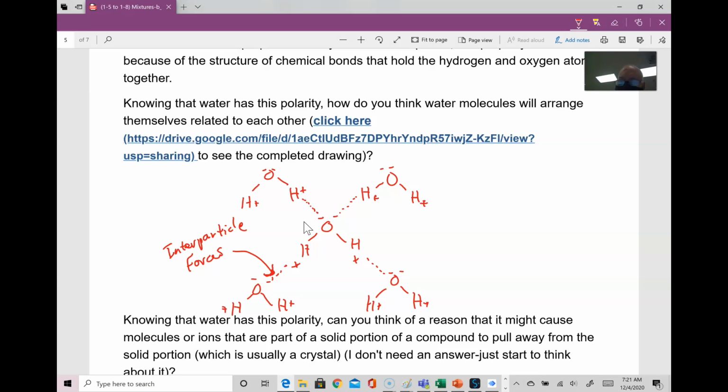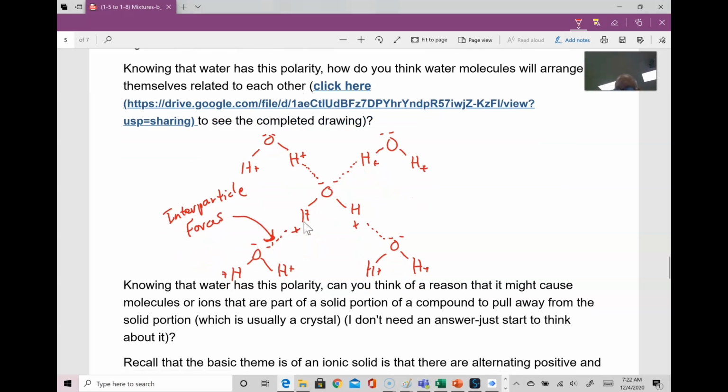But in liquid water, these particles will constantly be shifting around and making and breaking these bonds as the particles move. But in general, this is how water molecules will arrange themselves related to each other.